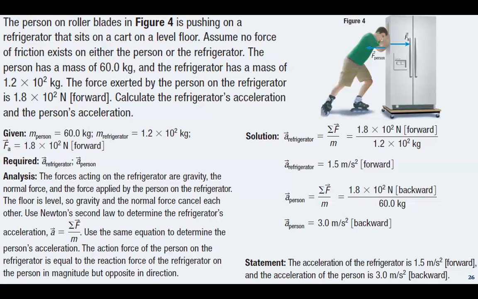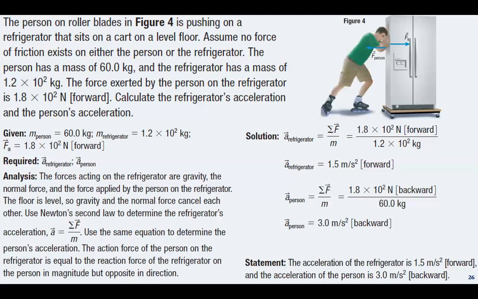The action force of the person on the refrigerator is equal to the reaction of the refrigerator on the person in magnitude, but opposite in direction. This is according to Newton's third law of motion, right?